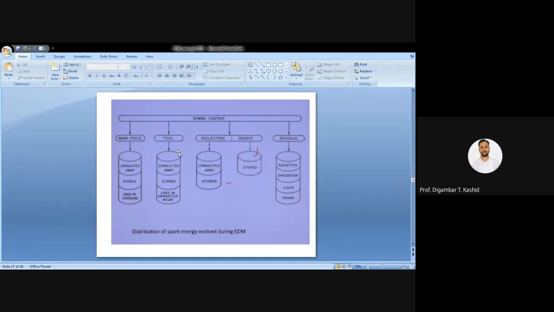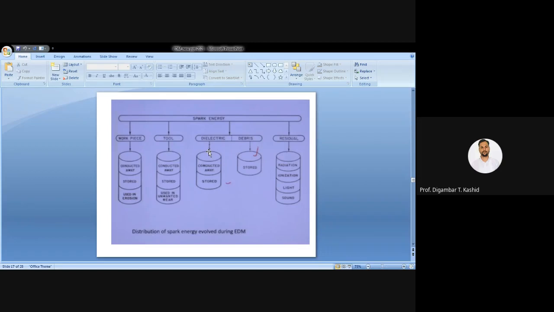Then the dielectric. Whatever heat is generated may be taken away by the dielectric fluid. It may be conducted away into the dielectric fluid, or stored in the dielectric fluid chamber. Then the heat in the debris: during machining, debris is also there between the tool and the workpiece, so some heat may be transferred into the debris.